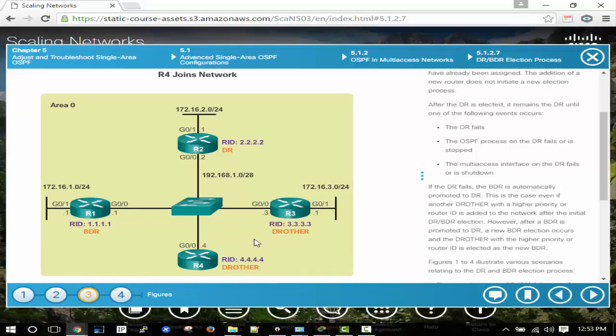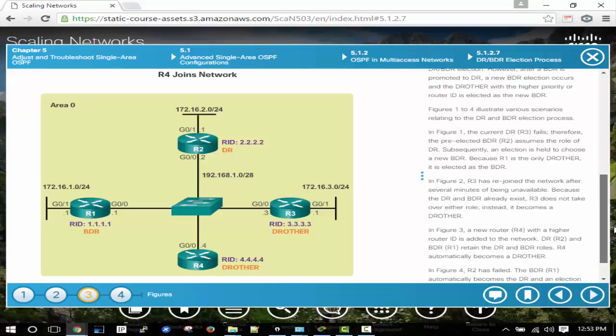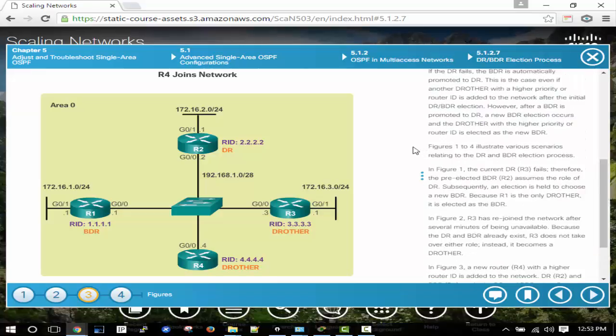So if we set these router IDs, so now they added a new router, and he has a higher router ID, but he's still the DRother because we were already up and running, and so we would actually have to clear the OSPF. I can't remember the actual command to get it to go.